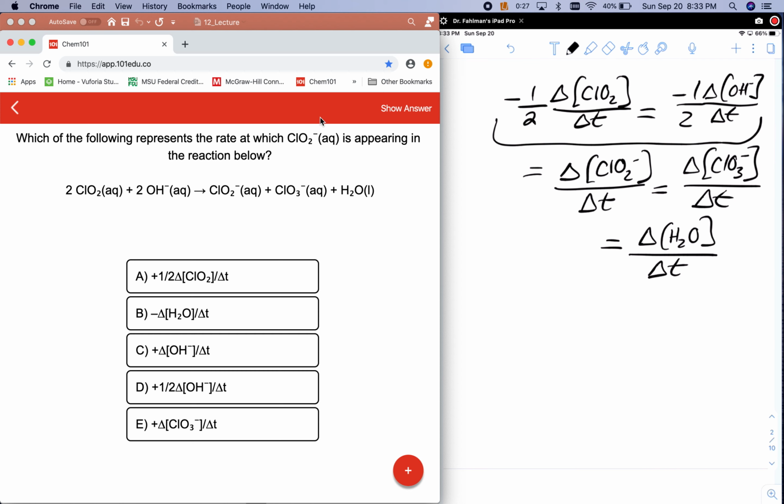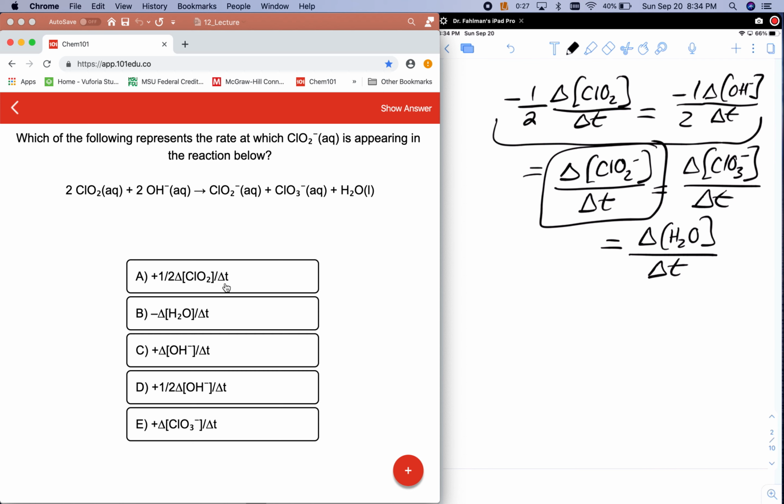So the rate at which this is appearing, we want to know if this one is the same as something else, or if this is actually on the list itself, which I don't think it is. Okay, so what about this one? This is saying that this is the same as plus 1/2 the change in ClO2.